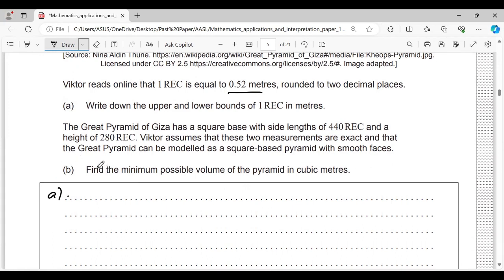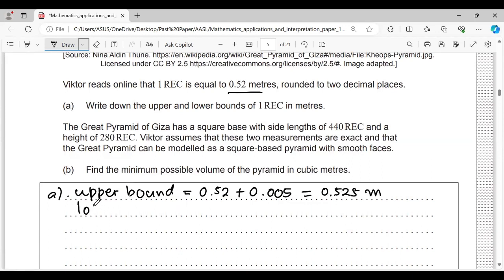For the upper bound, it's going to be 0.52 plus 0.005, which equals 0.525 meters.